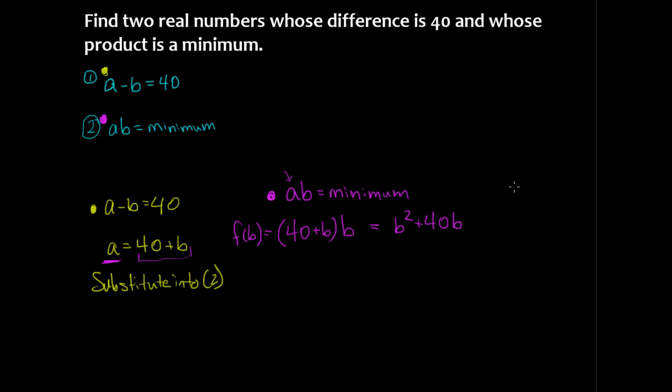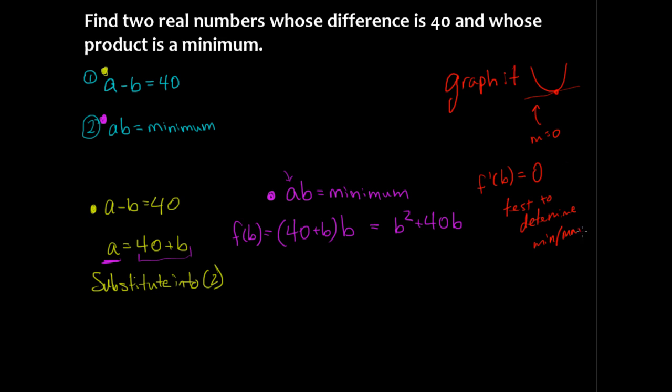In order to find when this product is a minimum, you can graph it and look for the minimum where the tangent line has a slope of 0, or you can find the derivative, f prime of b, and find when it equals 0. And then you can do a test to determine if it's a min or max, which in this problem it'll be obvious.